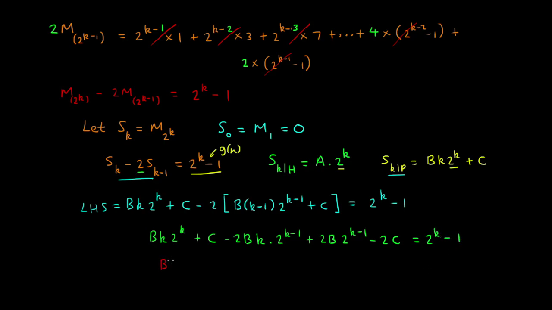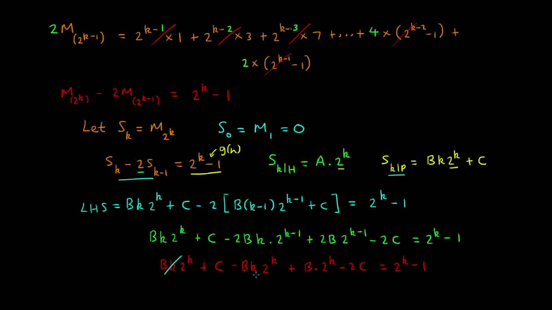And therefore we have bk by 2 to the k plus c. Then we have minus bk, and 2 to the power of 1 by 2 to the k minus 1 is 2 to the k. And similarly, we have b by 2 to the k minus 2c is equal to 2 to the k minus 1.